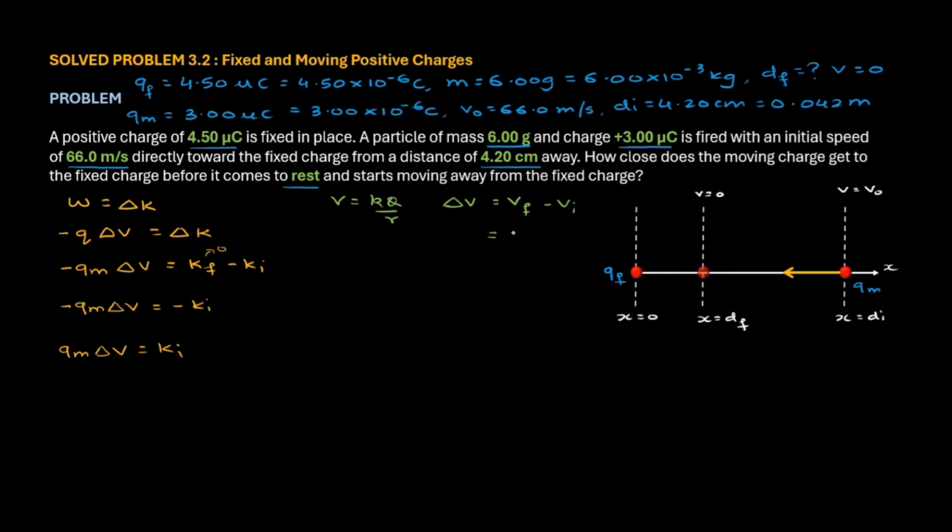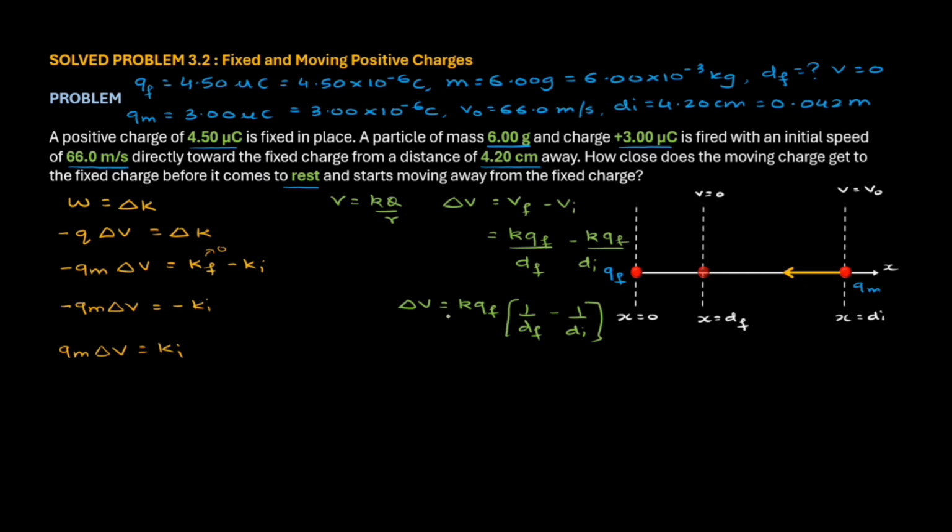So we write kQ fixed over the final position d f minus kQ fixed over the initial position d i. We can take kQF as common and we get delta V equal to kQF times 1 over d final minus 1 over d initial.